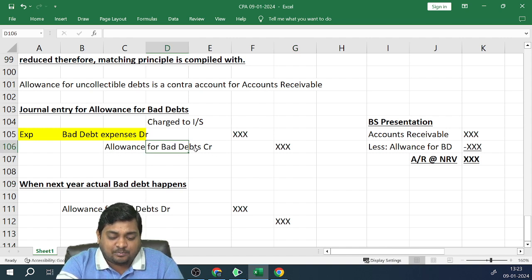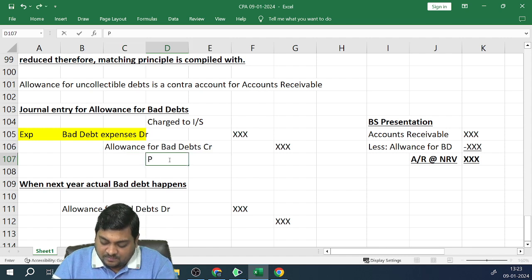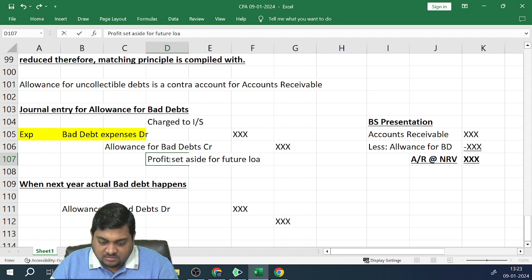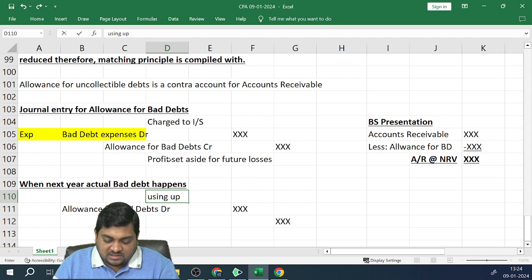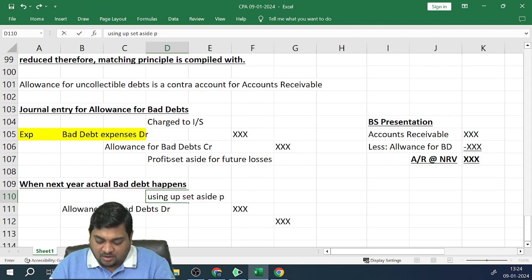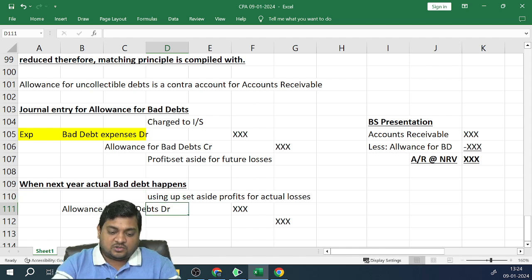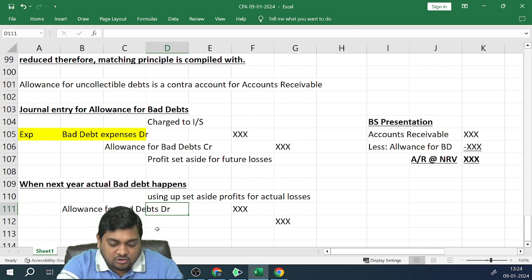See, I'm setting aside profit. What does it mean? Profit set aside for future losses, right? Using up set aside profits for actual losses. So here I am setting aside, but here I am actually using up.